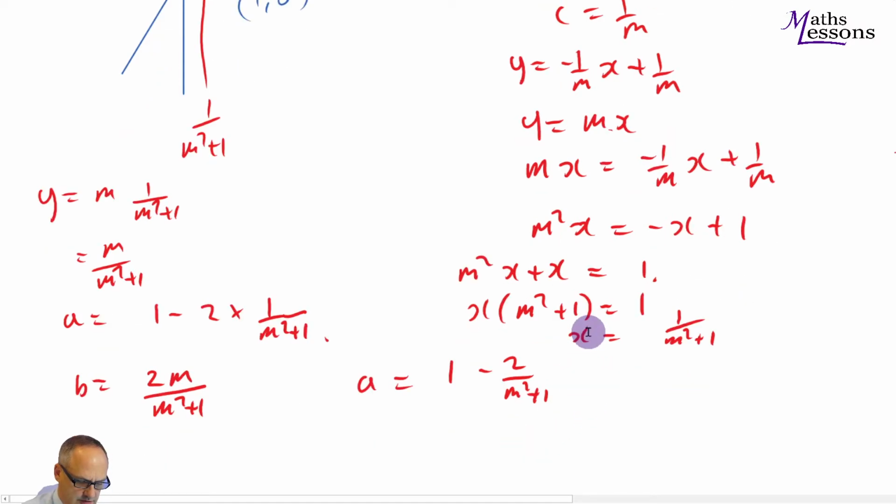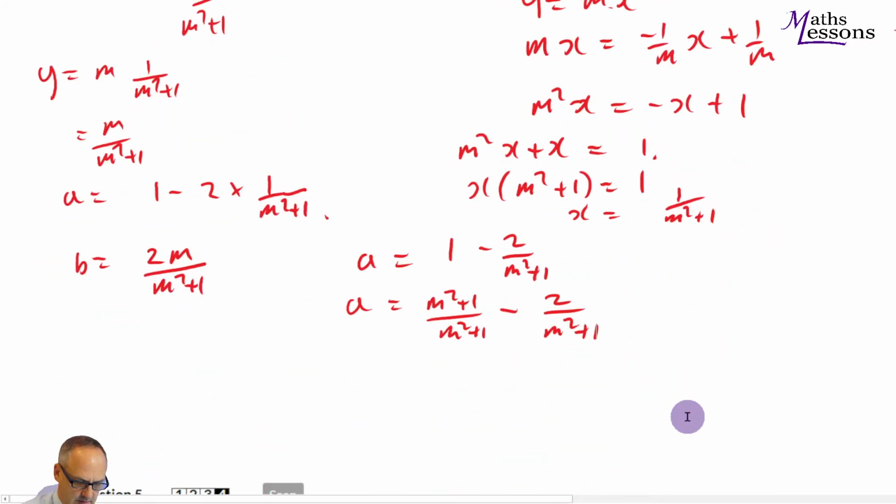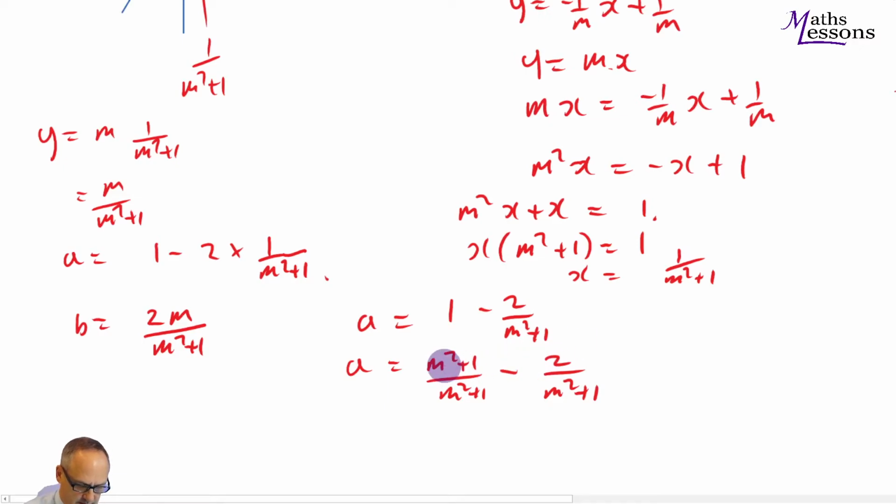And what we'd like to do is try and write this as a single fraction. So I'm going to times top and bottom of the 1 by m squared plus 1. So a equals m squared plus 1 over m squared plus 1, that's the same as 1, minus 2 over m squared plus 1. Now I am ready to take these away. So I can do m squared plus 1 minus 2.